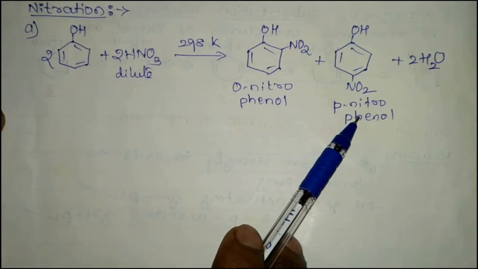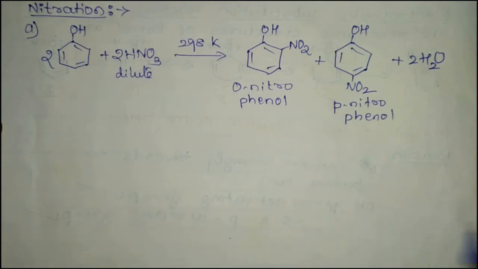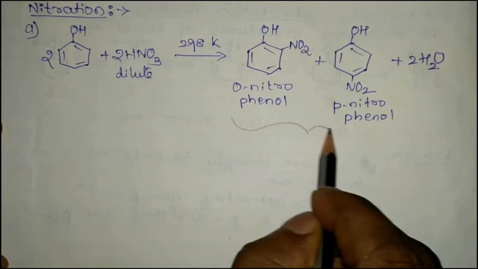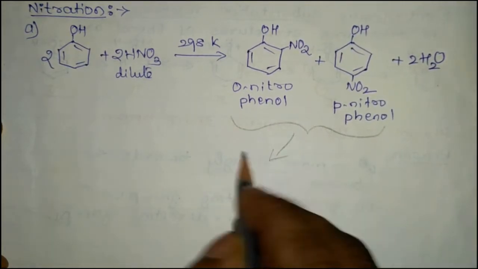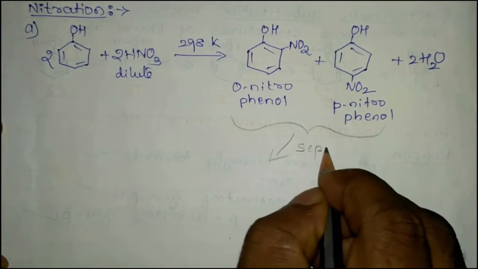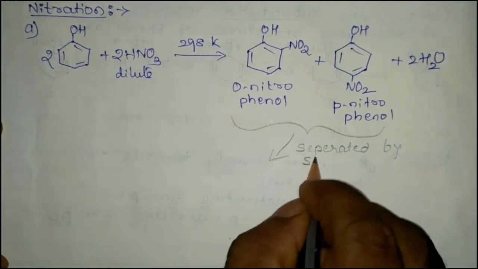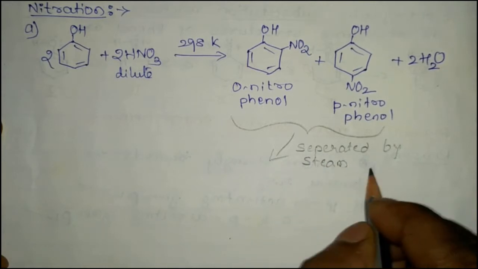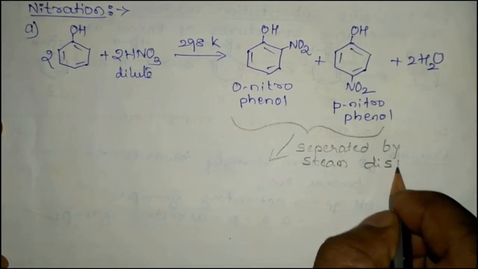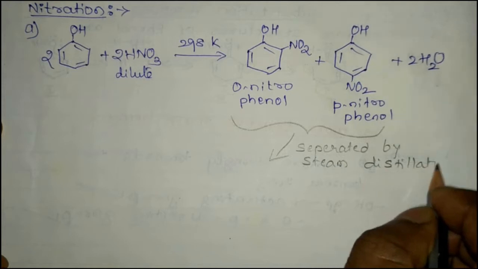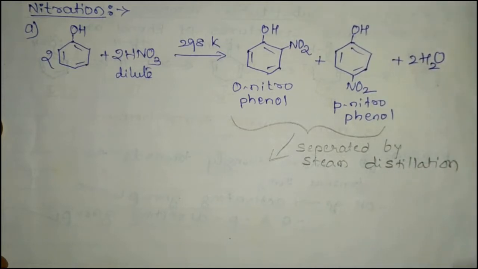Here, ortho and para products can be separated by steam distillation. This mixture is separated by steam distillation because their boiling points differ with each other.